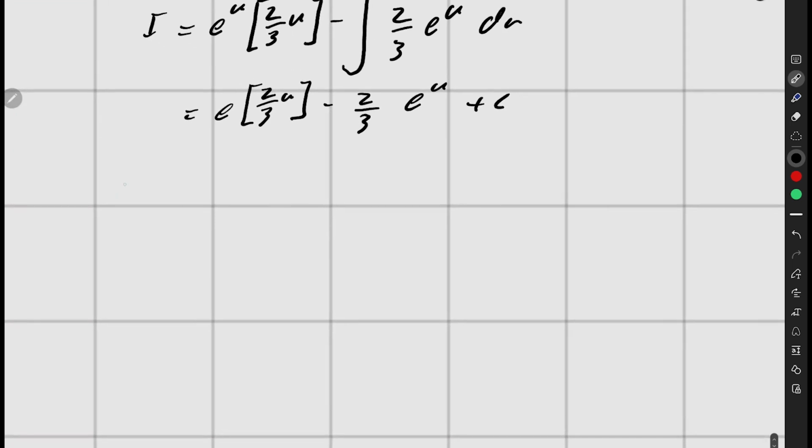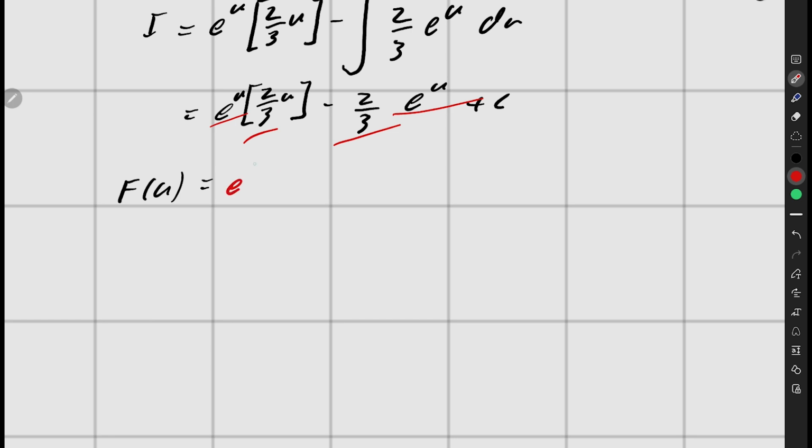So that's our integral, but we can simplify this down a bit. So still in terms of u, sorry, I forgot to write e to the u. We can factor out e to the u. We can also factor out 2 divided by 3.